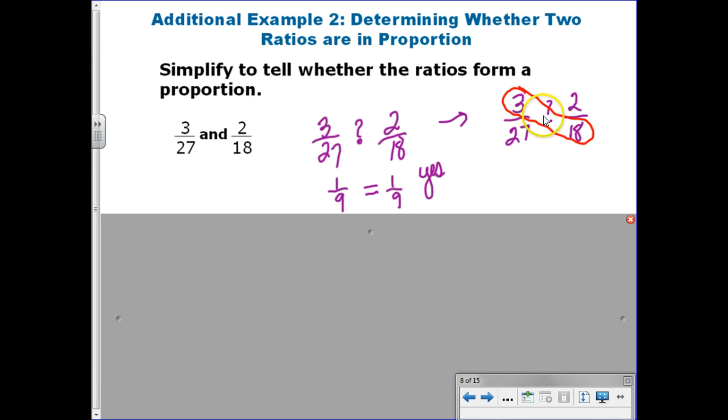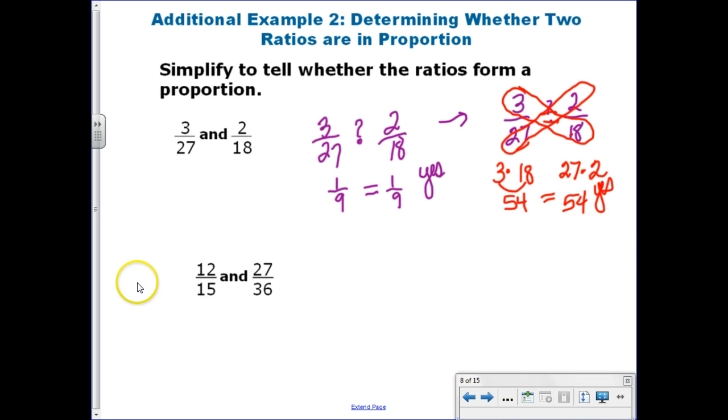I'm saying that if these really are equal, the numerator 3 and the denominator in the other fraction, 18, when I multiply those, always are equal to the other combination of that denominator and this numerator. If these are equal, it's a proportion. When you multiply these, and you can check on your calculator if you need to, this is 54. 27 times 2 is 54. Since these are equal, yes, this is a proportion. In fact, they are equal.